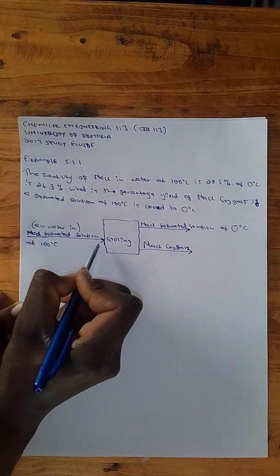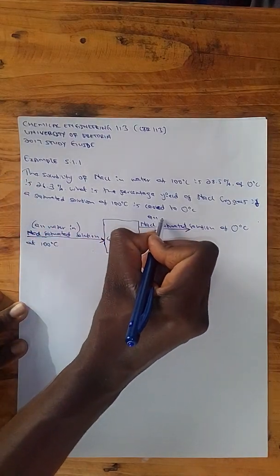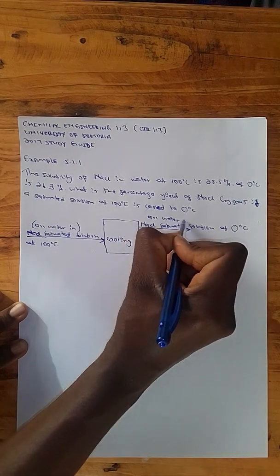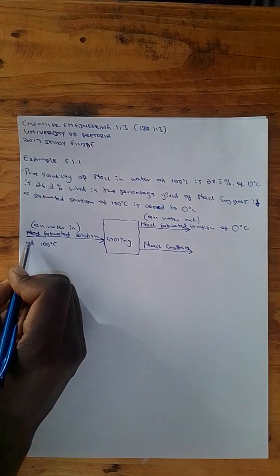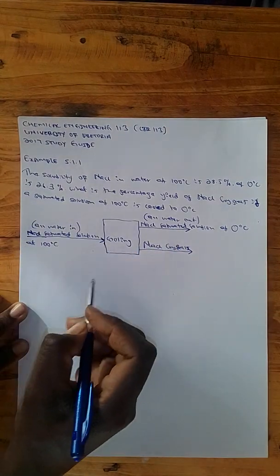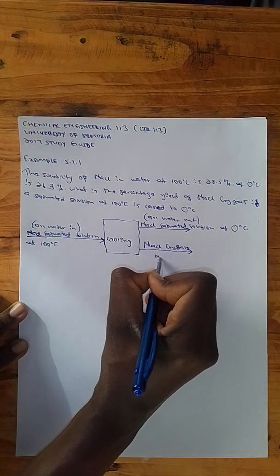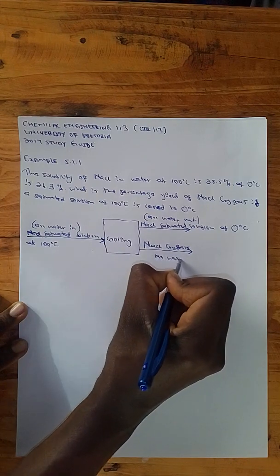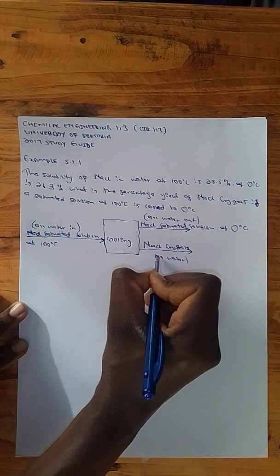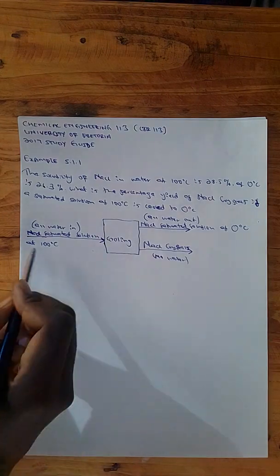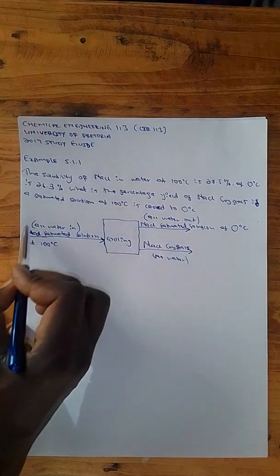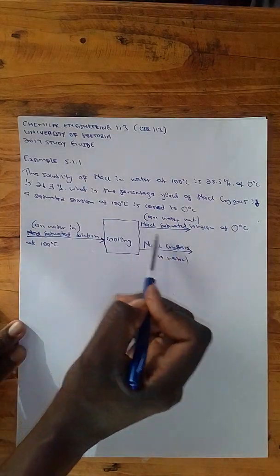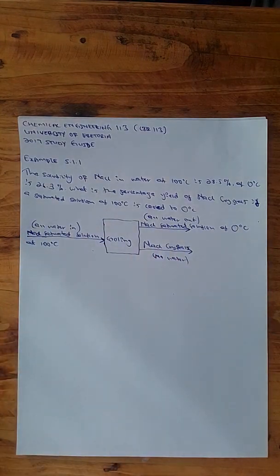All the water comes in here, and all the water comes out here. And in the crystals, there's no water. So the water is a tie compound, which means the mass of water here would be the mass of water there. That is a very important principle that we need to have in mind.